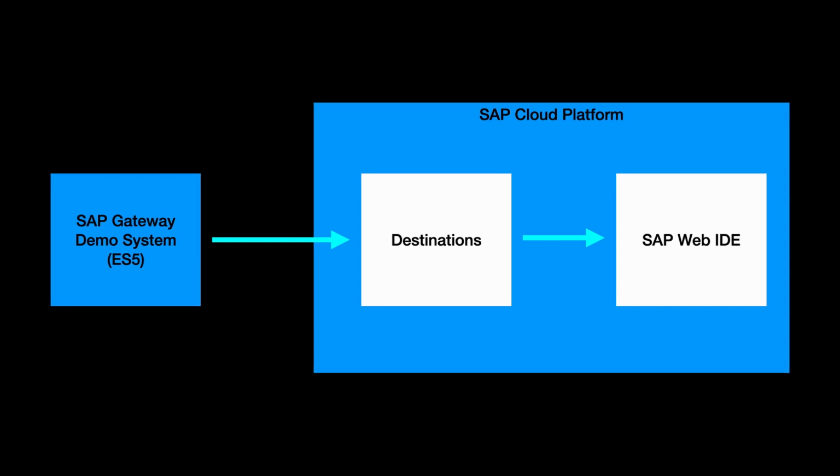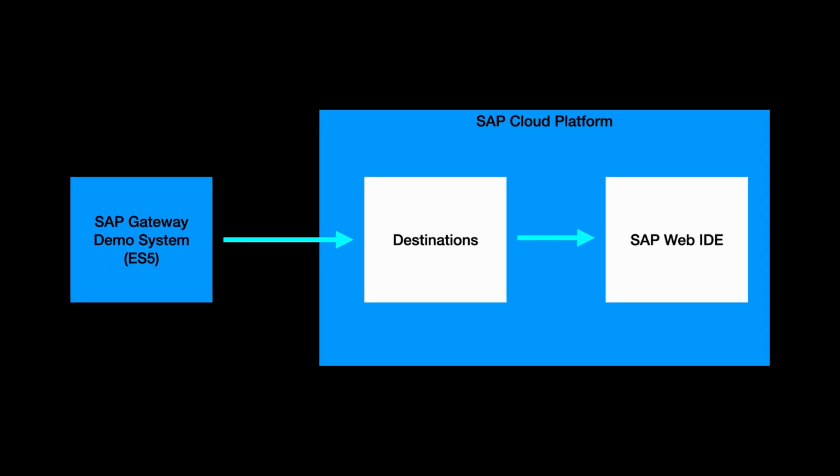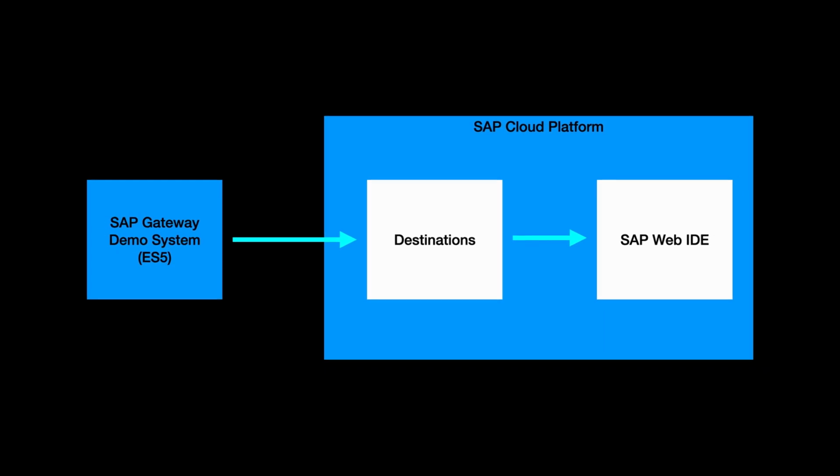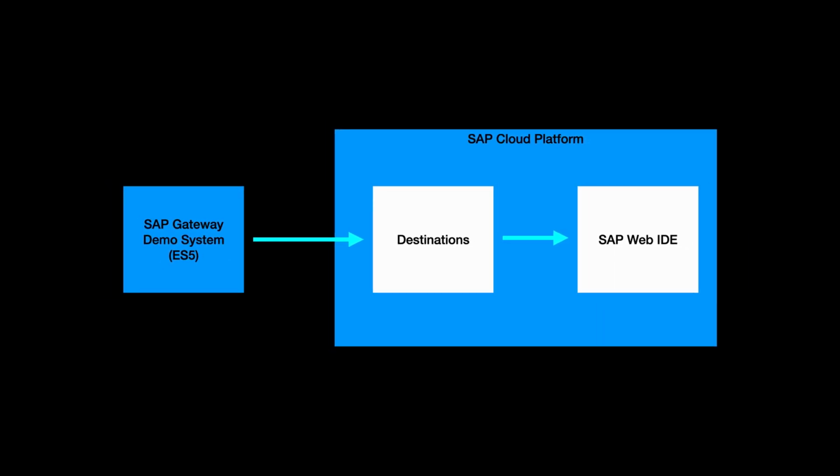We will also set up a connection to our remote server, and then we're going to create an account on that server, the SAP Gateway Demo System or ES5, and then we're gonna connect that server to our SAP Cloud Platform account using destinations under connectivity, and then we'll use that destination in our SAP Web IDE. And after that, we'll try to run our first SAP UI5 application.